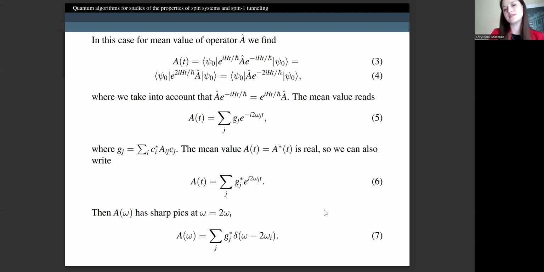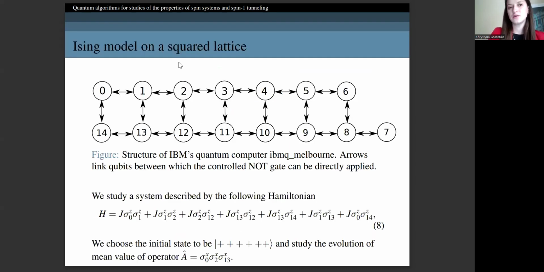I have to say that these are simple models of spin systems to discuss the results of quantum programming, to check if this algorithm can be used on our real quantum devices. So we considered the Ising model on a square lattice. The Hamiltonian is written here. Why do we consider such interactions?